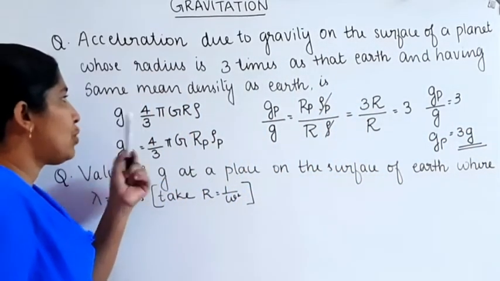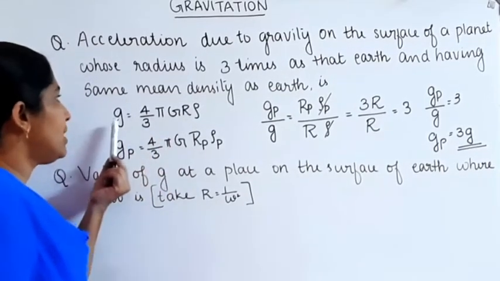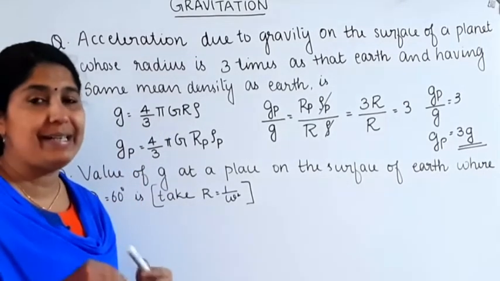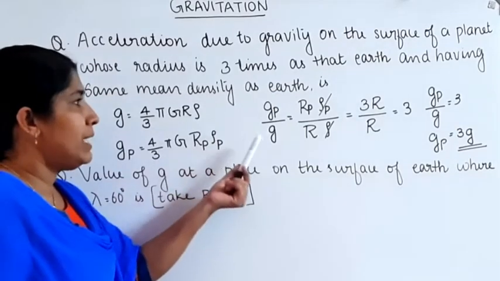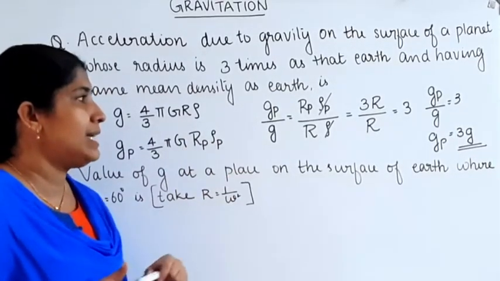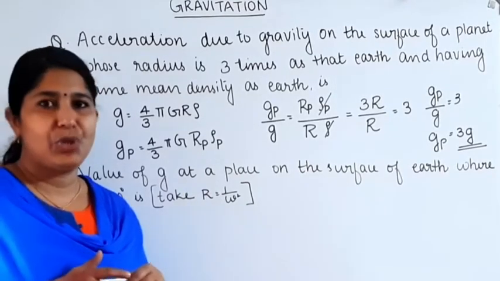This is the equation used when the density term is given: g is equal to 4 by 3 pi G R rho, where rho is the density of the earth. On dividing these two equations, Gp by g is equal to 3, then Gp is equal to 3g.